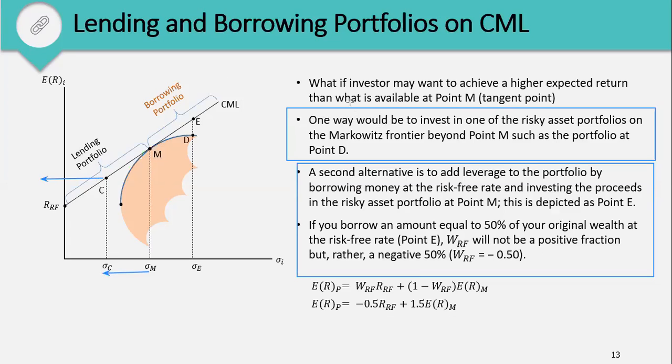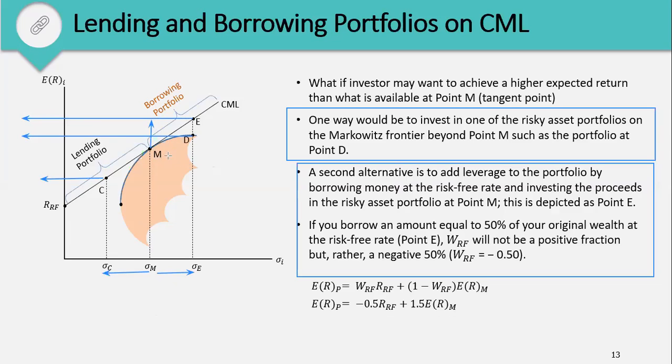Here, we discuss what if an investor wants to bear a lower risk than what is available in the market. On the other hand, what if there is an investor who needs to bear higher risk than what is available in the market, or a higher return than what is available from the market portfolio? Likewise, point E or maybe point D, something higher than the market portfolio.